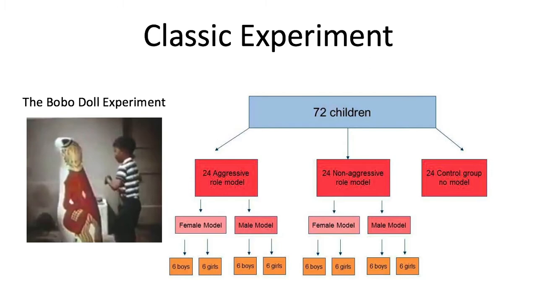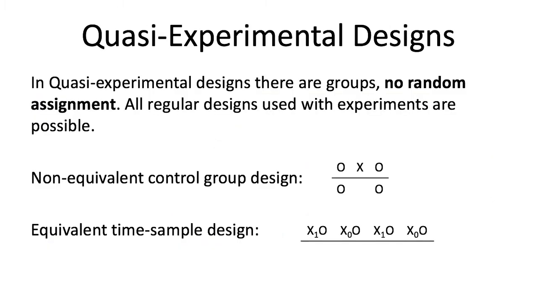Now again, the classic experiment we have is typically a comparative with a control group. Things are matched or blocked into different categories based on variables that we think might have an impact. A quasi-experimental design means that you have groups that you want to compare, but you can't really randomly assign. Again, we've talked about this a little bit in the past. And so if I want to compare men and women, I can't really make somebody a man or a woman randomly.